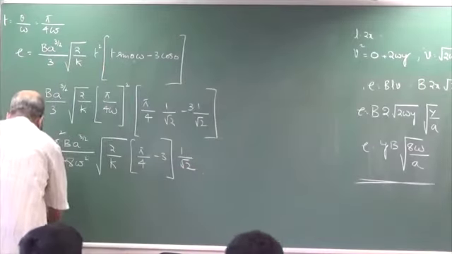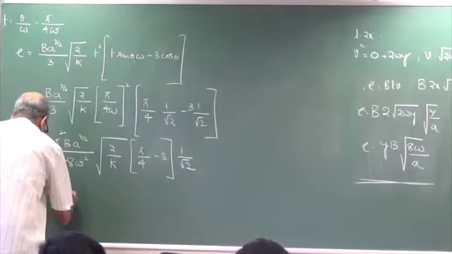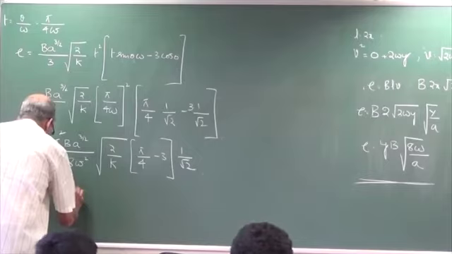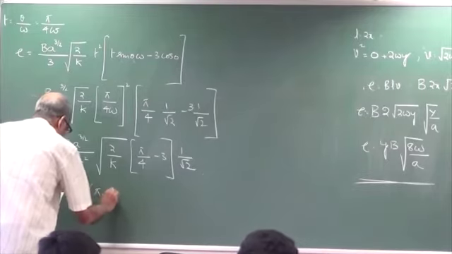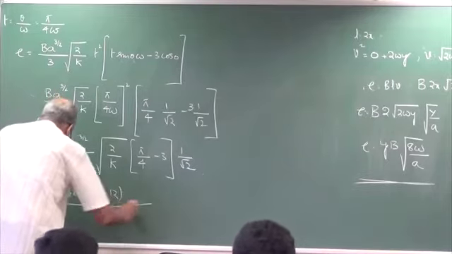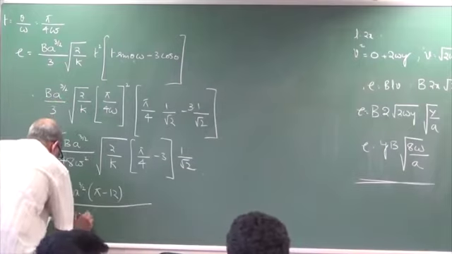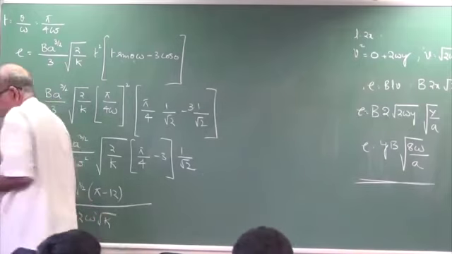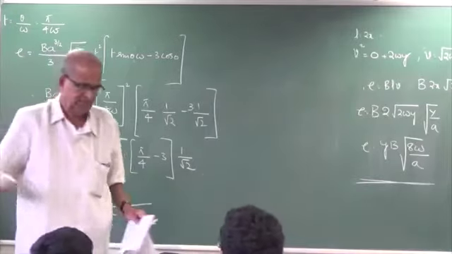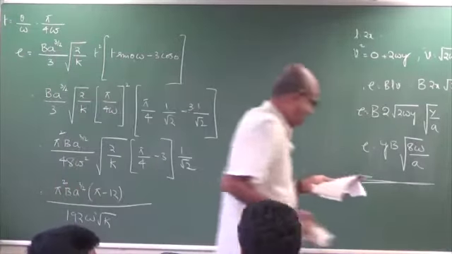This on simplification gives you pi square B a power 3 by 2 pi minus 12 by 192 omega squared root k. That is the induced EMF.